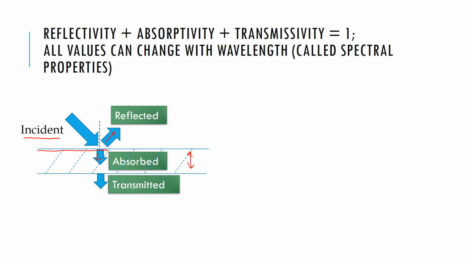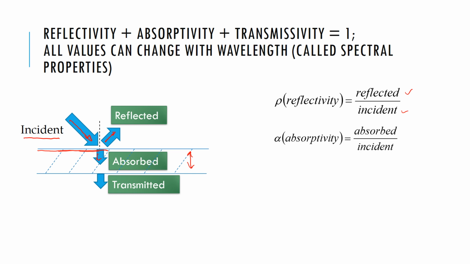For a given surface and for the type of radiation, that's the wavelength of radiation, the fraction of energy that is reflected is termed reflectivity. So reflectivity is the amount reflected over the amount incident.